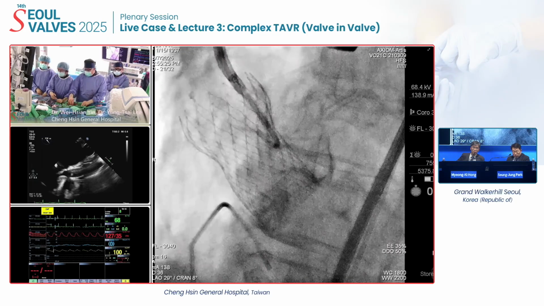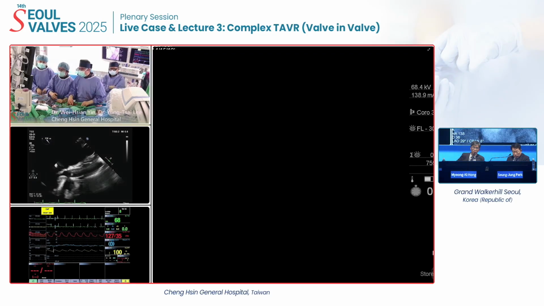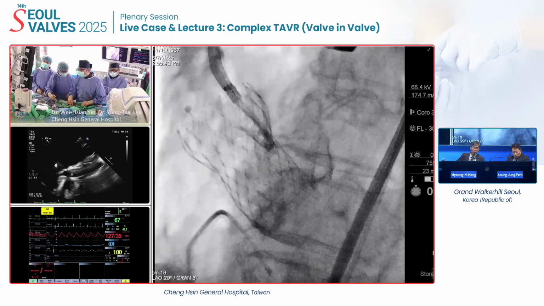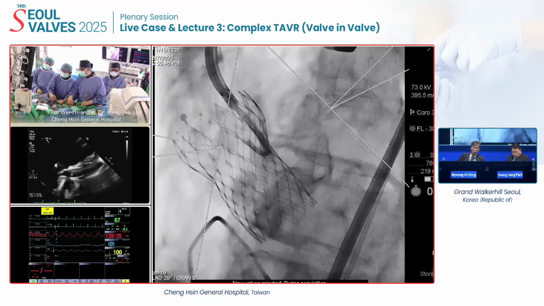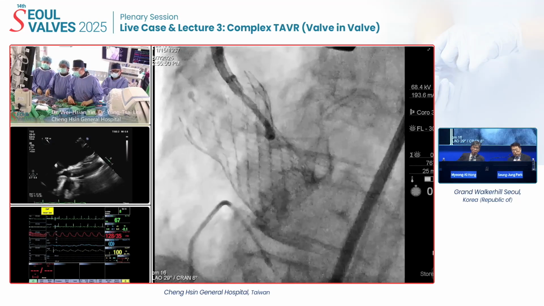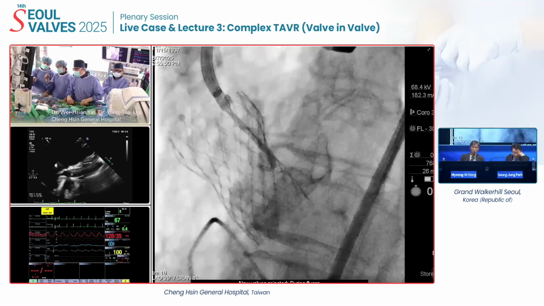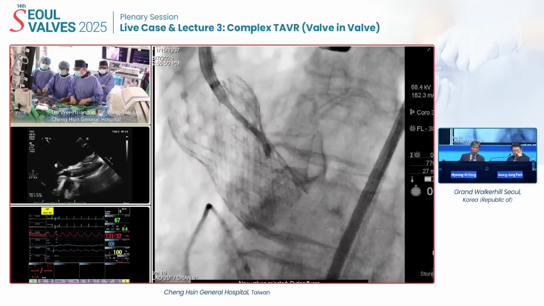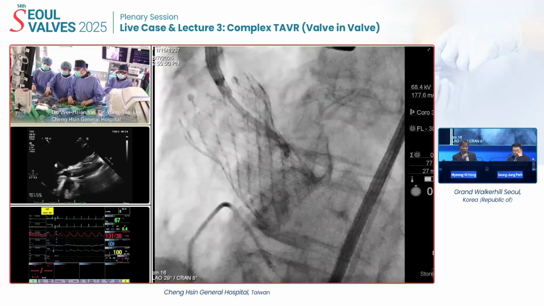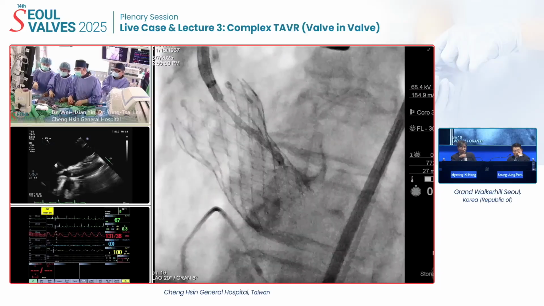So we respect the native anatomy of the patient. That means that we aim at the native coronary artery as the landmark for the placement of the second valve. That may make things easier. That's our strategy. Do you have any question or comment?